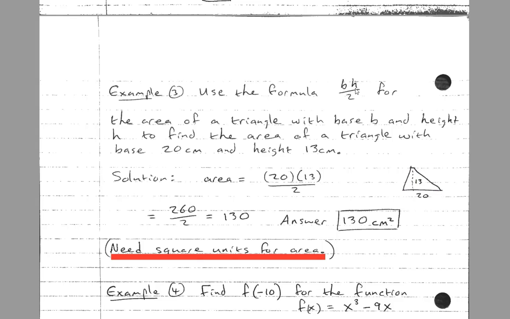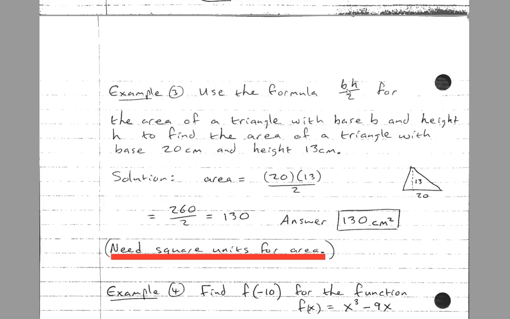And this is a very simple formula. Here B is 20, H is 13, so it's 20 times 13 when you substitute, divided by 2. So that's 260 on top, divided by 2, 130. So just a simple substitution.